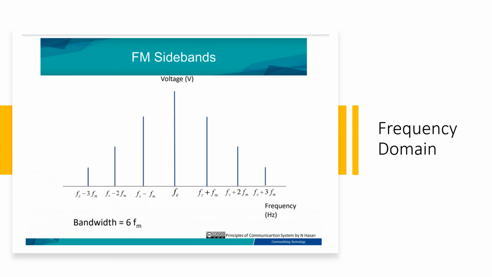Then from the leftmost part, it is equal to f sub c minus 3 f sub m, and then f sub c minus 2 f sub m, then f sub c minus f sub m, and then on the right side, it's just the addition. It's the counterpart of those on the left side. In this case, the bandwidth is 6 times f sub m.